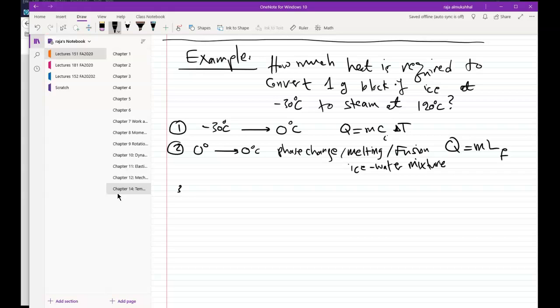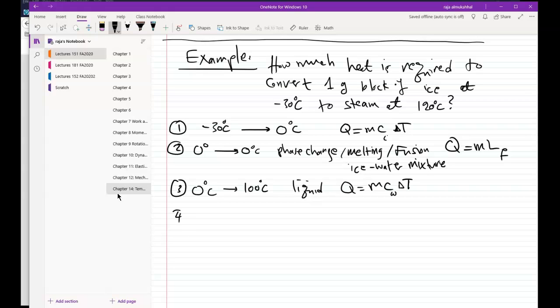Okay, the third one is from 0 degrees to 100 degrees, and here this is a liquid, and it's nothing but Q equals mc delta T, but this C is really for water, liquid water that is. You see what I'm saying?